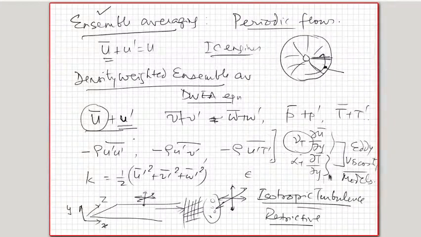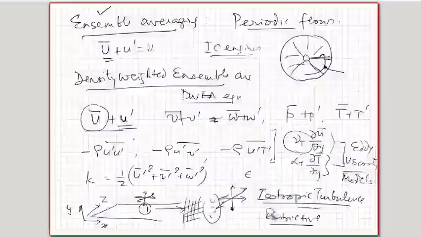And most of their constants are actually evaluated from examples either of isotropic turbulence or of boundary layers, flat plate boundary layers. The measurements there are used for evaluating the model constants in the Eddy viscosity models.